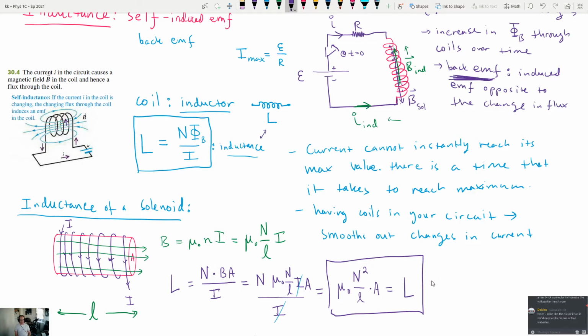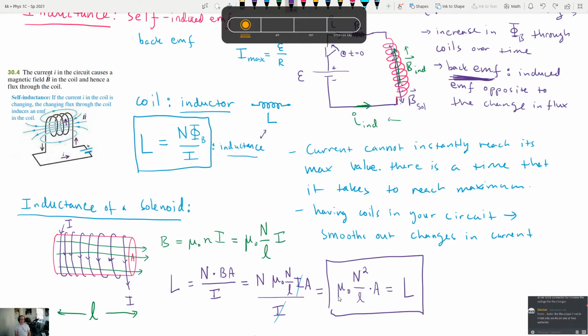You'll notice, well, let's just look at the equation. You'll tell me, what do you notice about this equation? What does the inductance of a solenoid depend on? The area, the length, and the number of turns. Yeah, and then this is obviously just a constant. Now, you can increase mu.